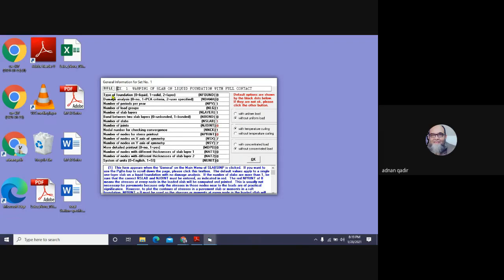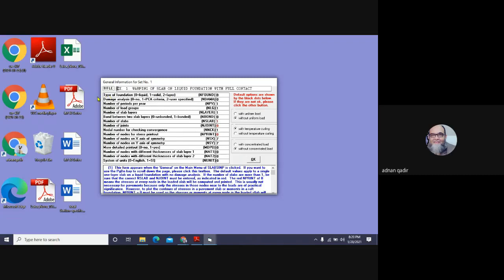Now, normally they ask us what is the type of foundation: liquid foundation, solid foundation, layer foundation. So we treat our foundation as a liquid foundation, that's why 0. Some people may treat it as solid, and some take it as a layer solution.